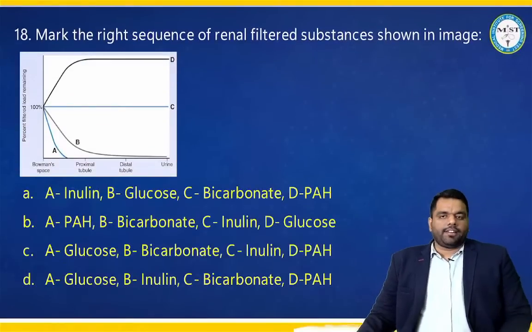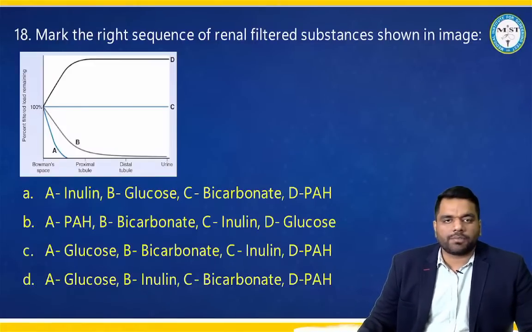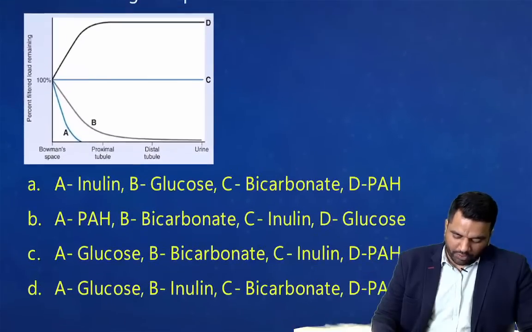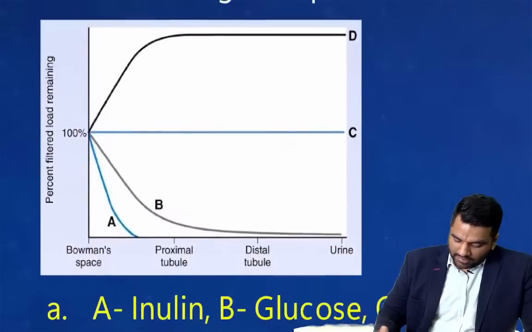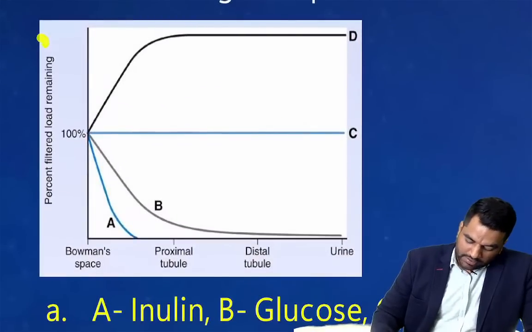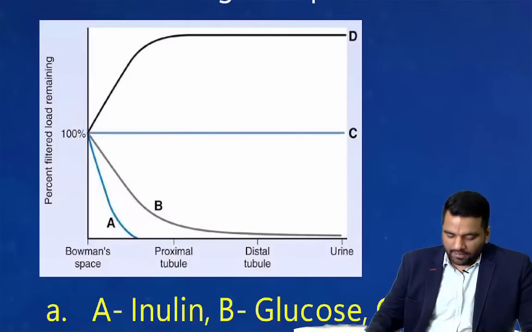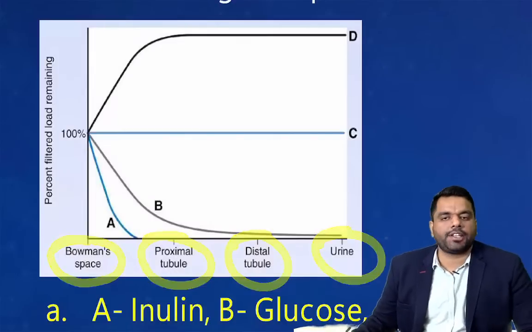Now, question number 18. Mark the right sequence of renal filtered substances shown in the image. So I am going to zoom in a little bit on this image for you. As you can see in this image, this area is the percentage of filtered load which is remaining. This is Bowman capsule, this is PCT, DCT, and this area is the urine.